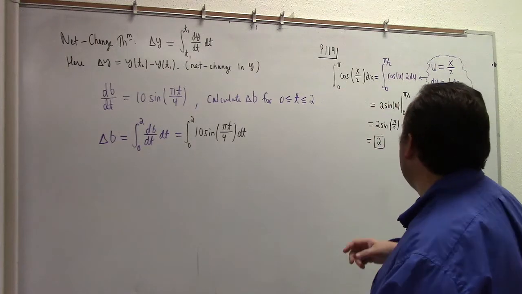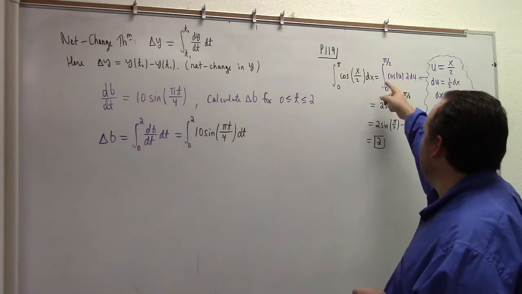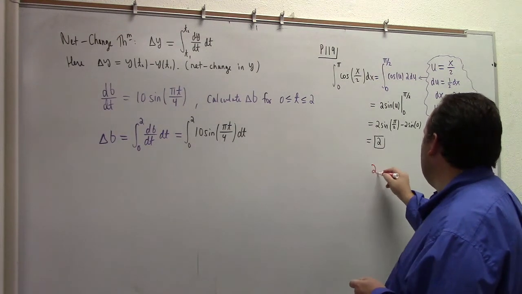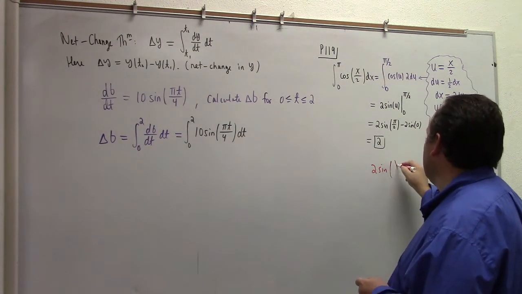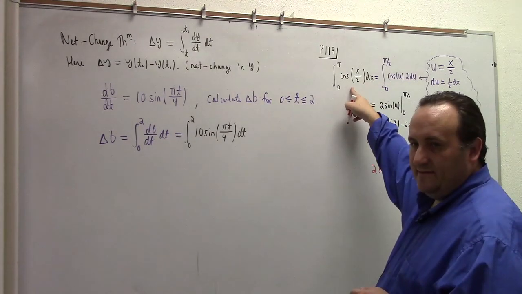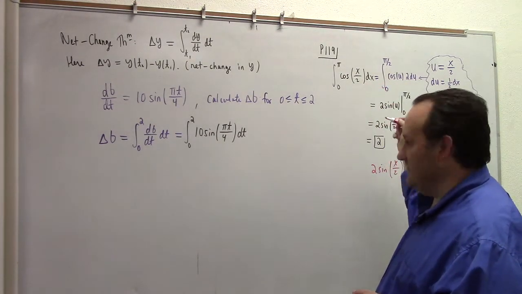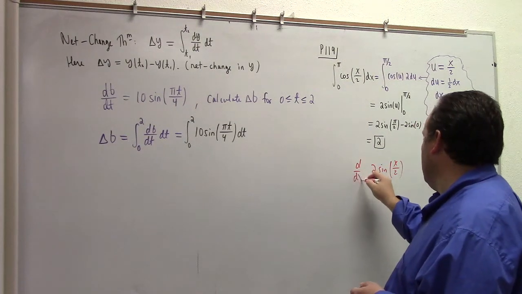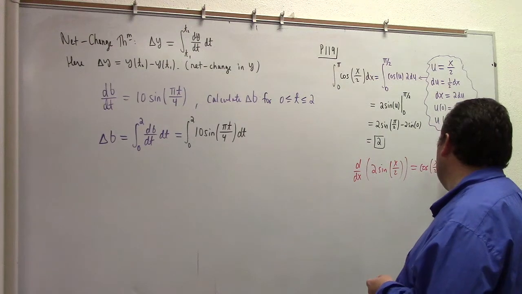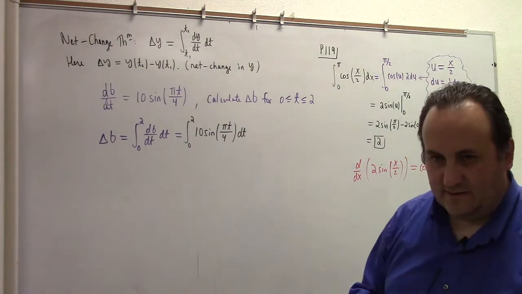I think you could also have guessed that 2 times the sine of x over 2 is the antiderivative of that. If you'd been in the mood for guessing, that's definitely something you could have done.